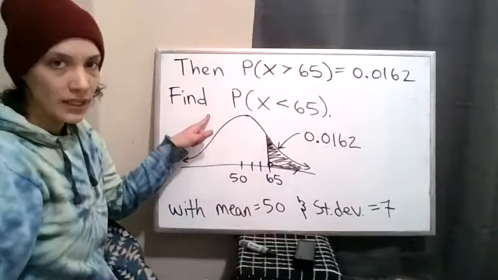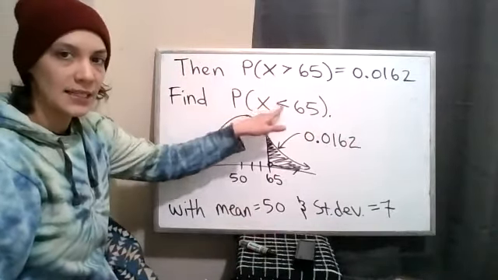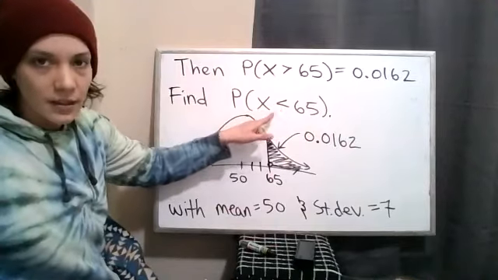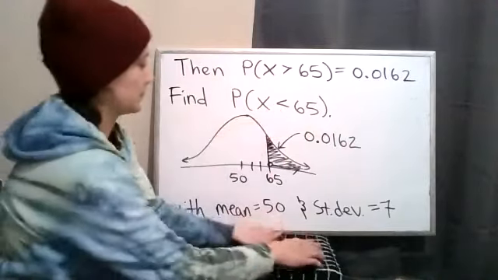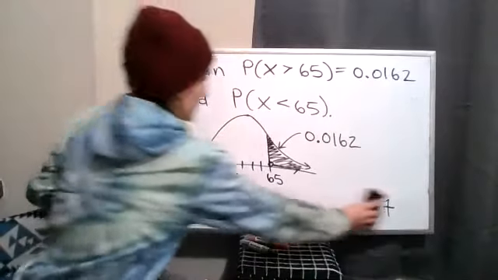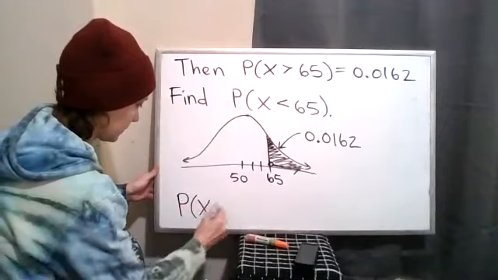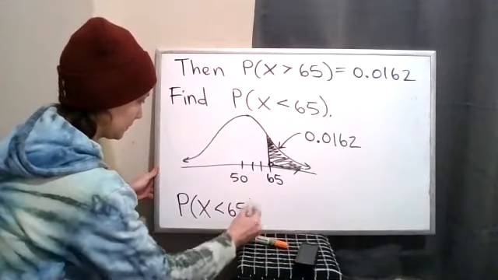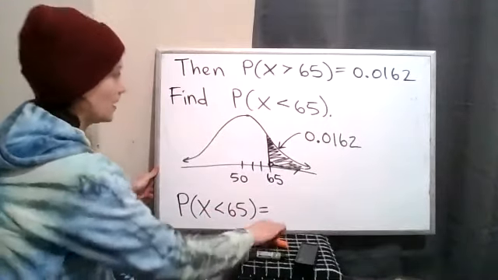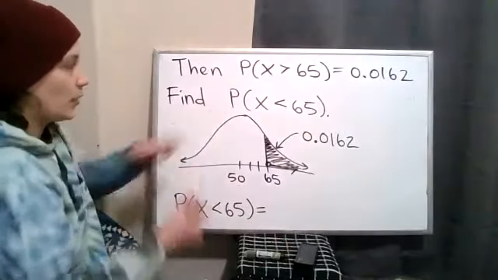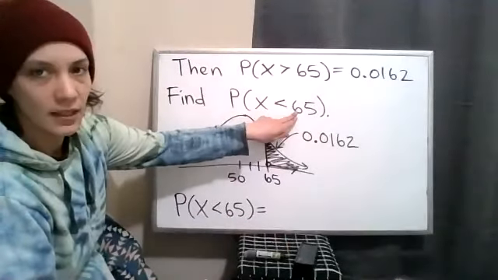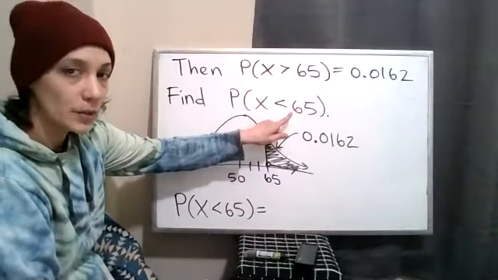Okay, but we want the other side. We want the probability that x is less than 65. So we want those x values that are below 65.